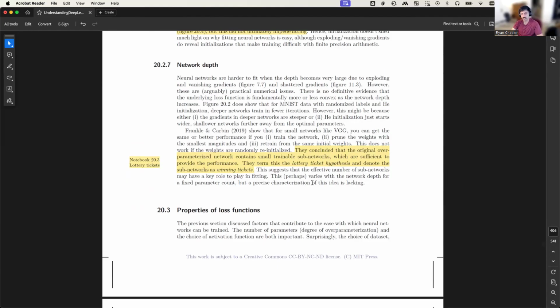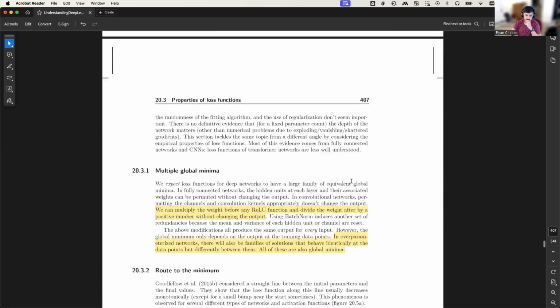And so the way they're saying it is that you can have a bunch of subnetworks inside of these deep networks, and that can be what drives the majority of the performance, but you need them to be deep in order to find the various different subnetworks. You can't just train them individually and get that same outcome.